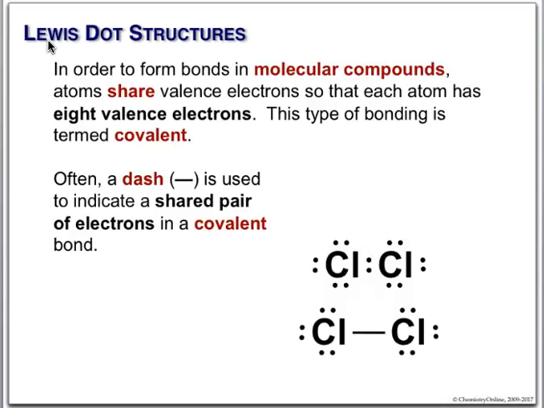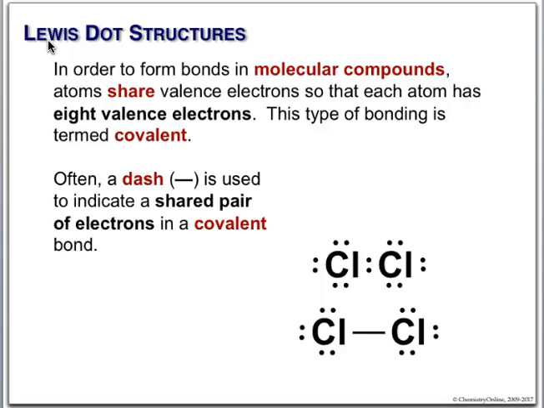Typically, to show a covalent bond, that's shared electrons, we'll just use a dash. Whenever you see a dash like this, it tells you you have 2 electrons, these 2, that are shared between the 2 atoms.